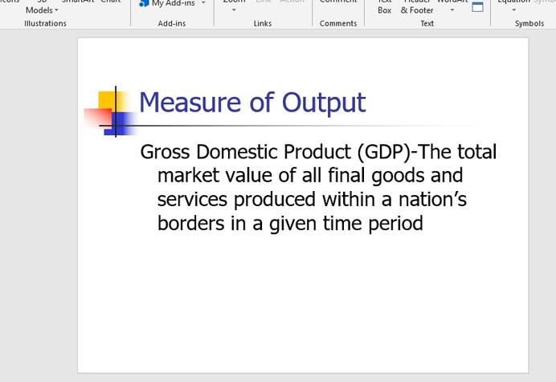However, output is actually not an observable variable. In other words, nobody really knows the true value of output of an economy. That's because we cannot possibly go around the economy and collect information on every single item that is produced by this economy. It's impossible.